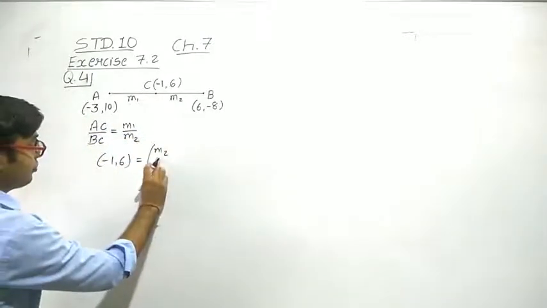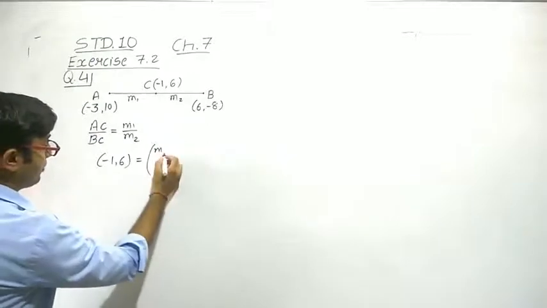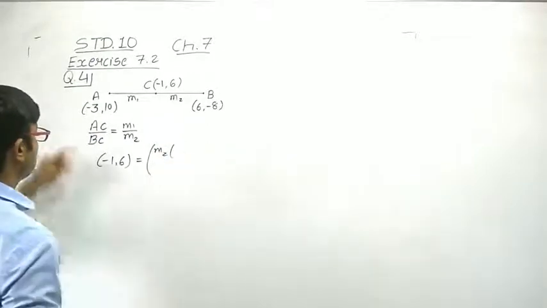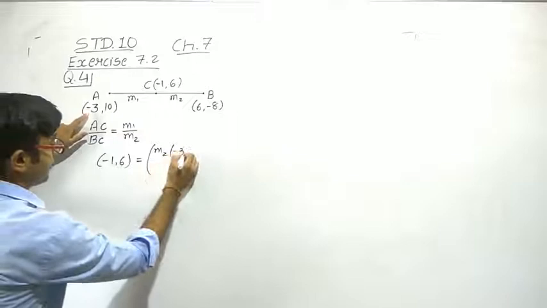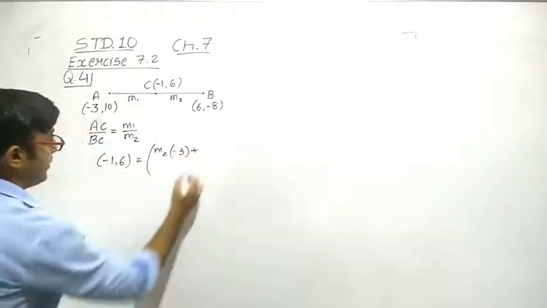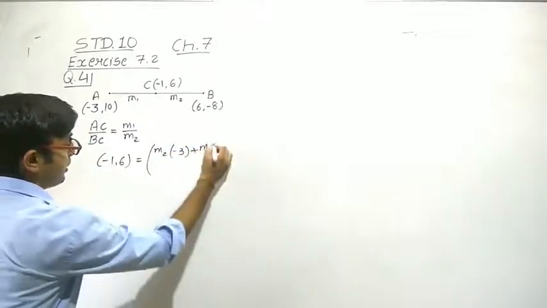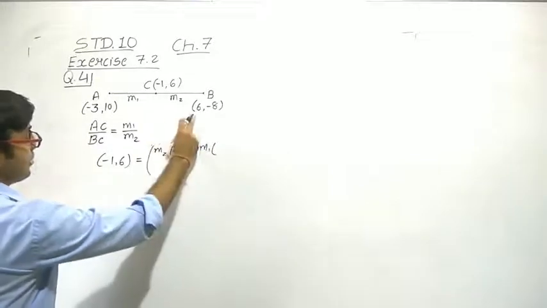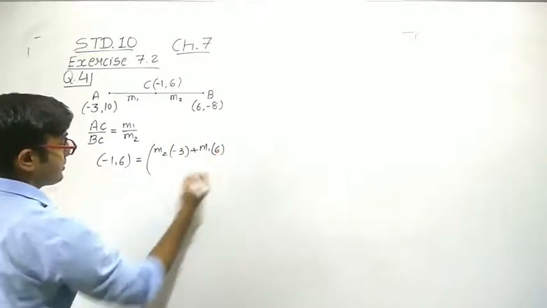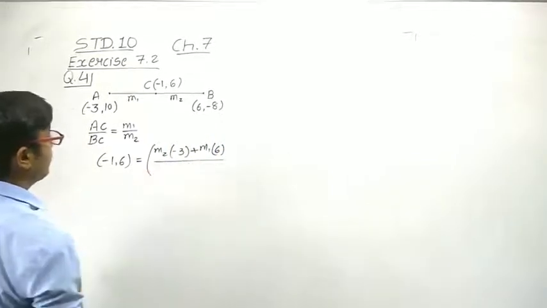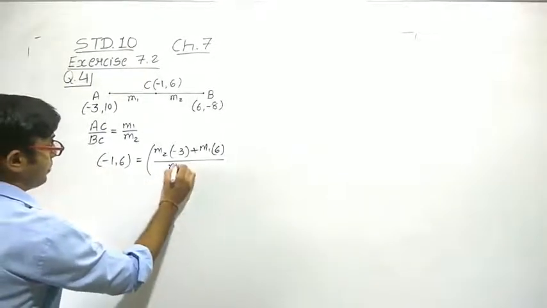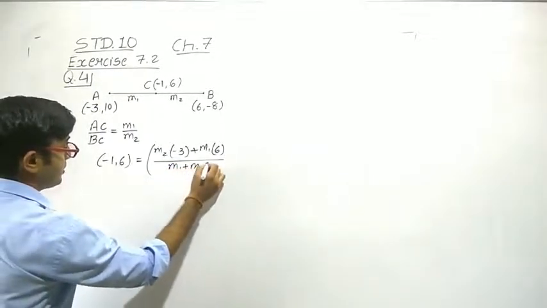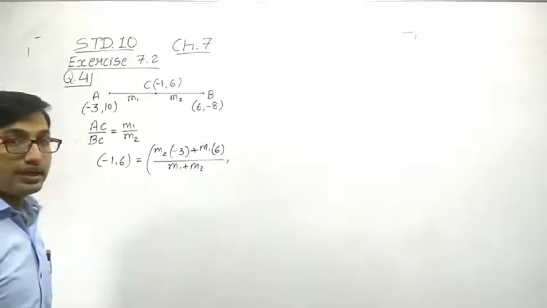So this is m2, we have to find out, x1 is -3, plus m1 into x2, what is x2? That is 6, upon m1 plus m2. This is the x coordinate.